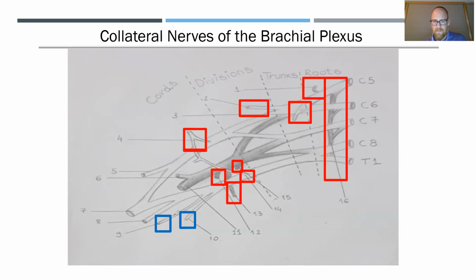But what about these guys here? So for example, we have the dorsal scapular nerve. Okay. This guy innervates the levator scapulae, which causes us to elevate our scapula. Okay. We have the suprascapular nerve. All right. Sorry guys, I'm drawing a blank. One sec.